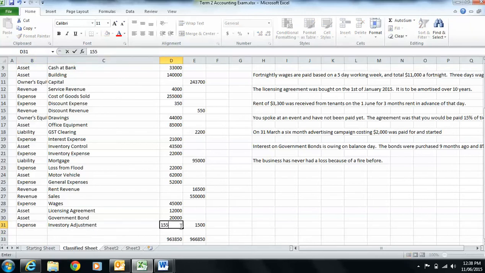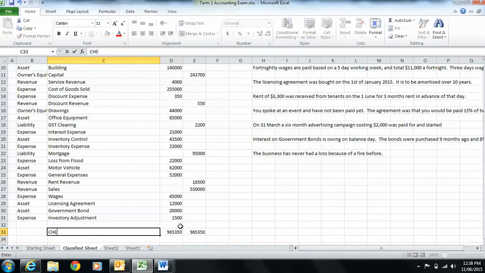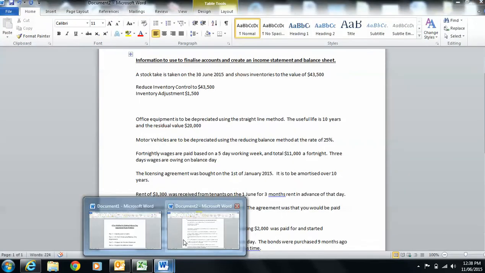It has a debit nature. And we can see down the bottom, if we write that this is our check, once we've made those adjustments, we've got an expense of $1,500 here, and we reduce inventory control by $1,500 here, we've still got a balanced situation there. So that's the first thing that we've got.